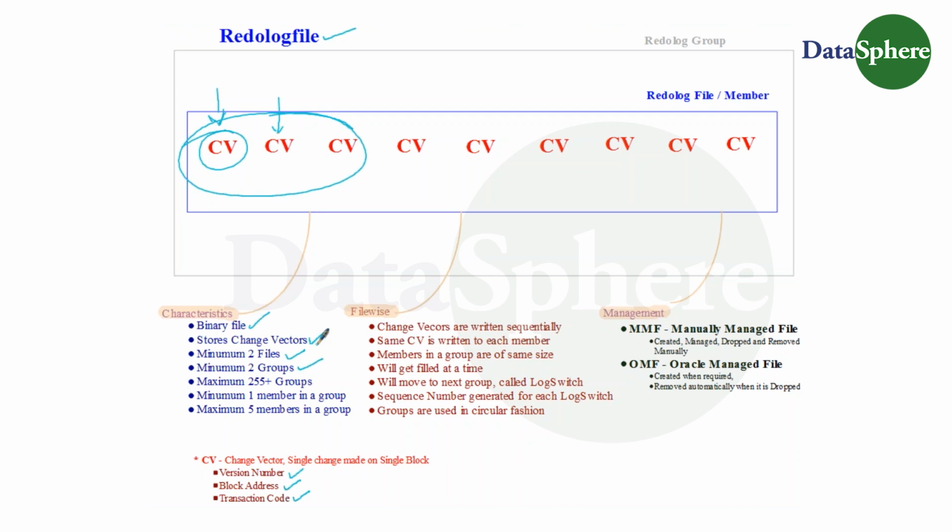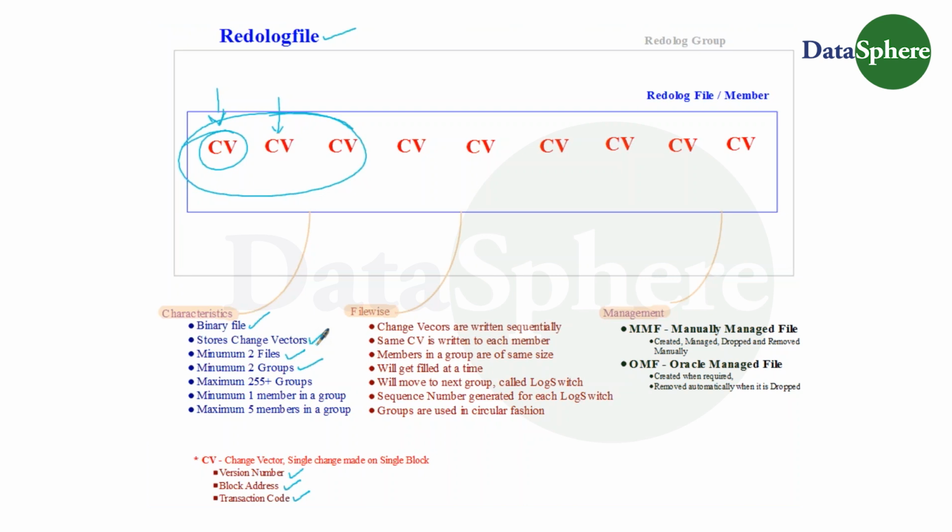Within a redo log group, maximum we can have 5 members, and each member is of the same size. They will contain the same information. When we say 5th standard classroom, the students present in that class are of 5th standard only. Similarly, each redo log file is of the same size, and whenever changes are written, they are written to all the members.